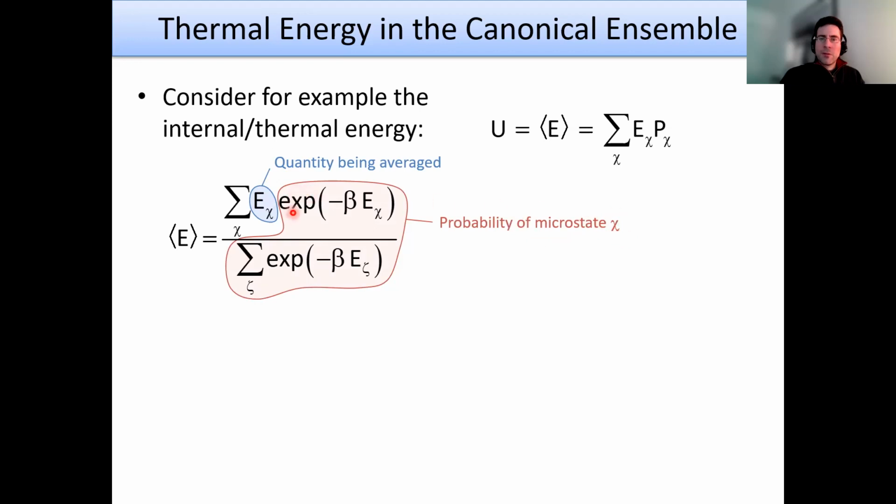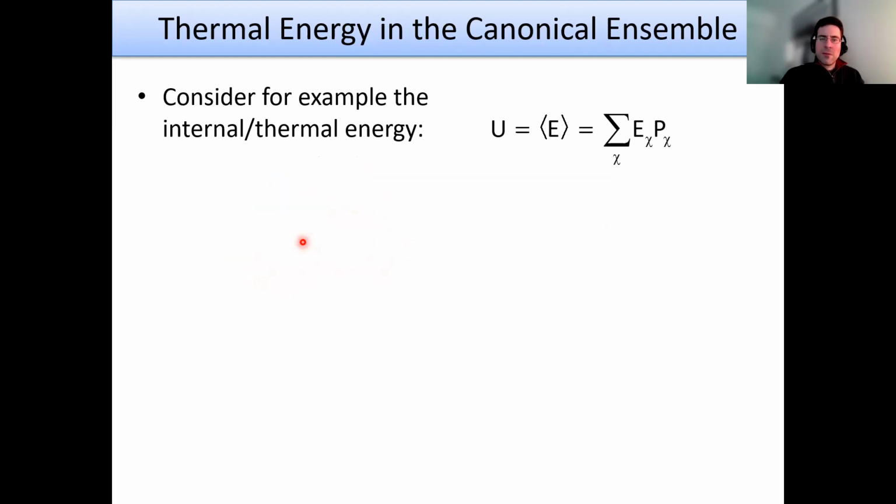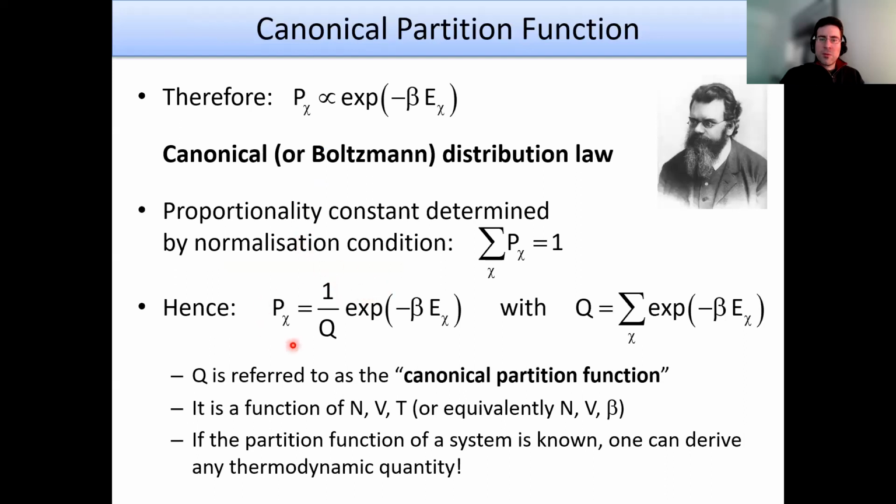Remember we said that the probability is proportional to this term, and the proportionality constant is the partition function. So 1 over the partition function times e to the minus beta E chi. This is exactly the probability that we saw in the previous slide a moment ago.